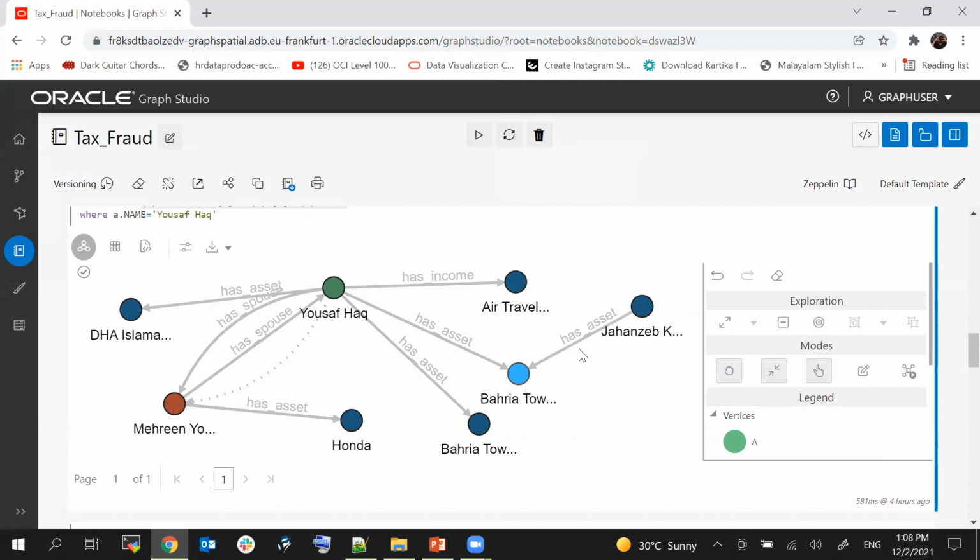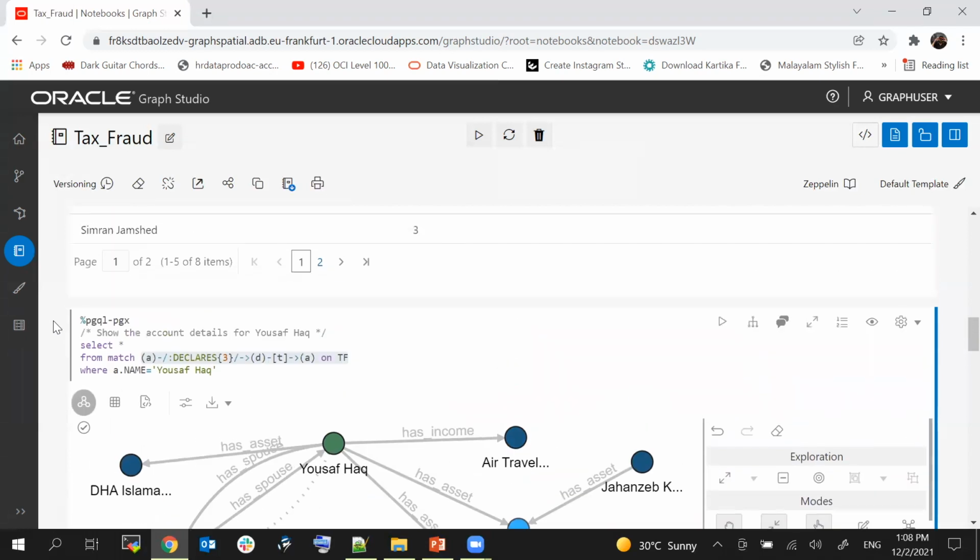So this way, Oracle Graph Analytics helps you to explore the patterns and unearth these insights, which is very difficult to identify using traditional analytics, because they focus on just the numerical data and not the patterns in which these numerical events happen.